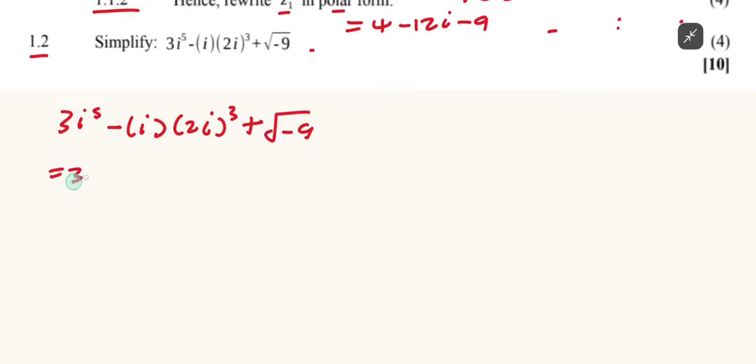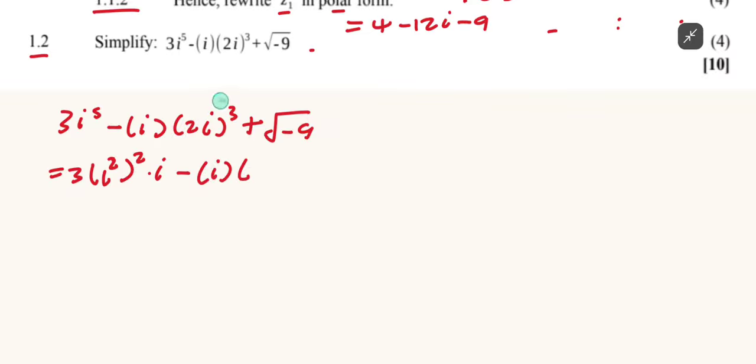I can write i raised to the power of 5 as i squared, into 2, multiplied by i. Here we have again minus i.